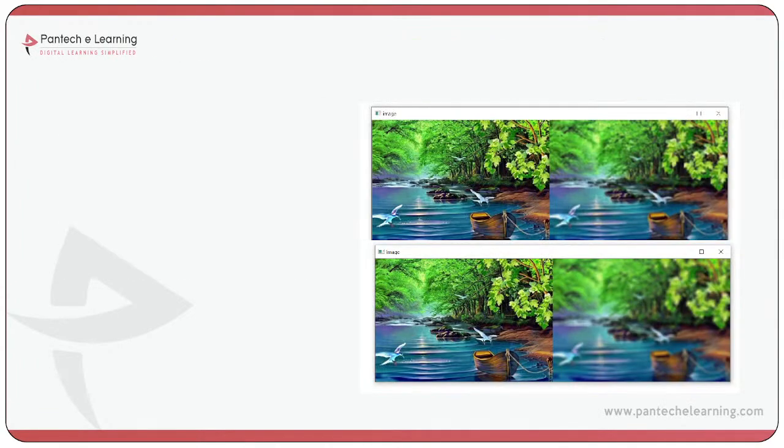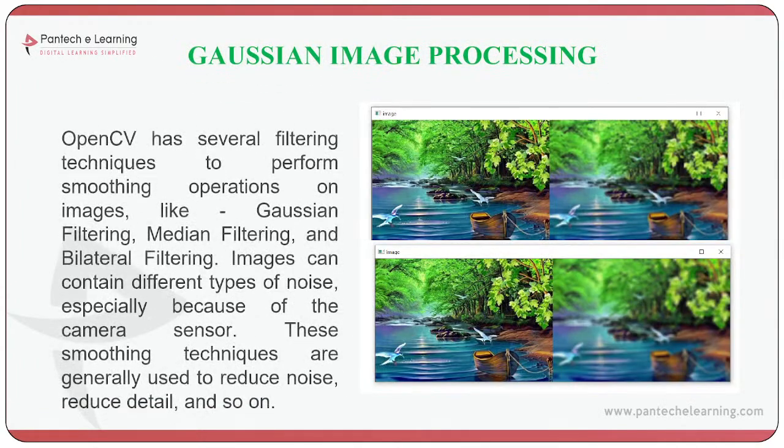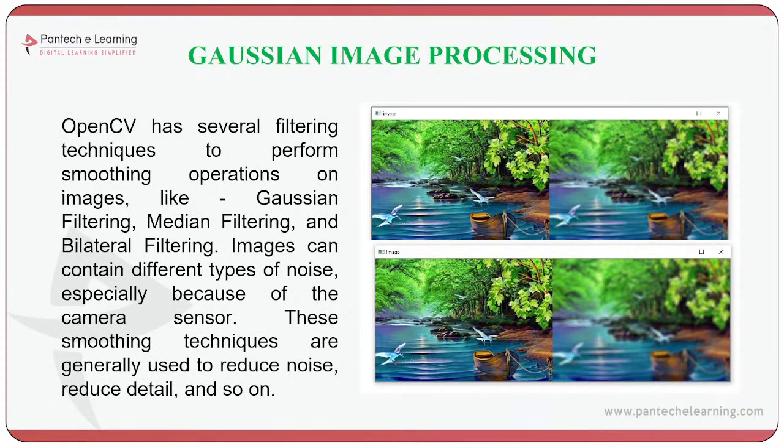Next is Gaussian image processing, which is the application of a Gaussian filter. For filtering purposes only we use Gaussian image processing, for the purpose of smoothing and removing blur. It is a linear filter, which we use to reduce noise, remove high frequencies, and create a softer appearance.